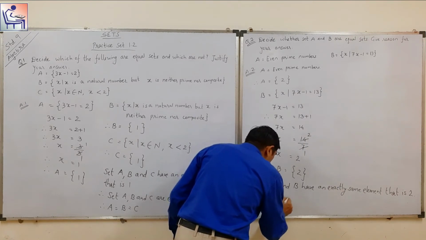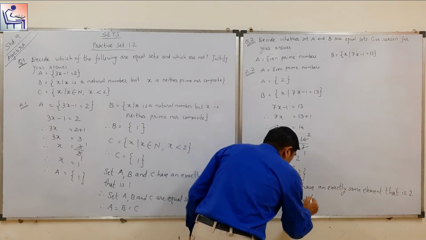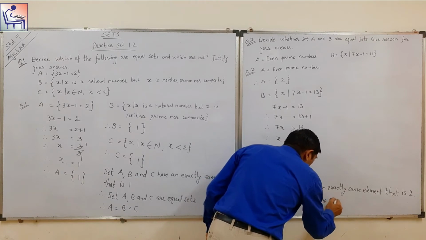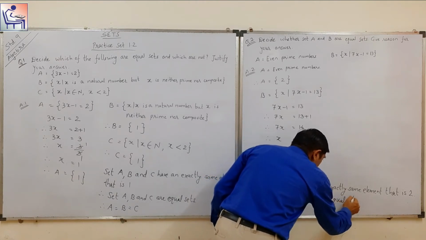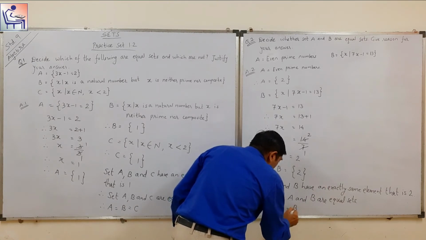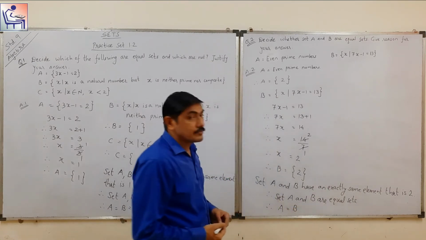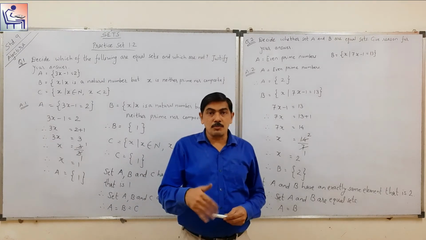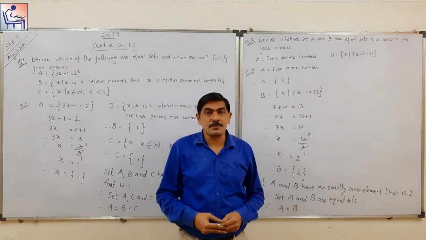Therefore sets A and B are equal sets, and here we can say that A is equal to B. Now we will move towards the third sum.